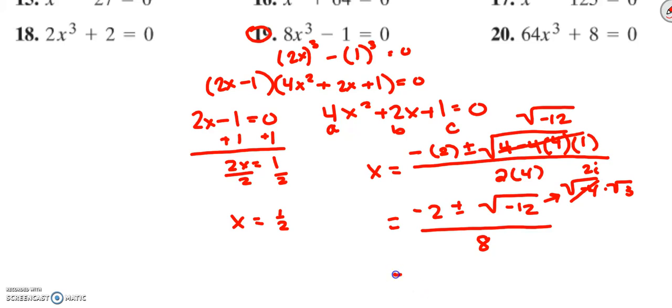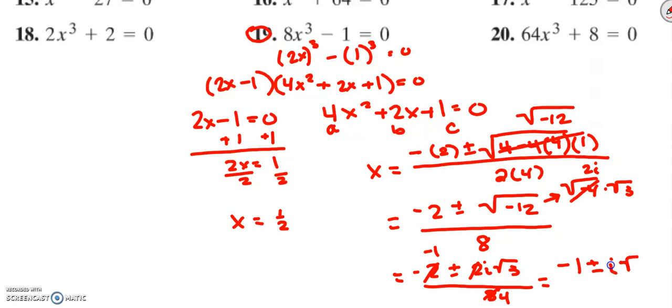So now rewriting this again, we have negative 2 plus or minus 2i root 3 all over 8. Each of those have a like factor of 2, so this is going to give you negative 1 here. This is going to just give you the 1i, and then this is going to give you 4, resulting in negative 1 plus or minus i root 3 all over 4.